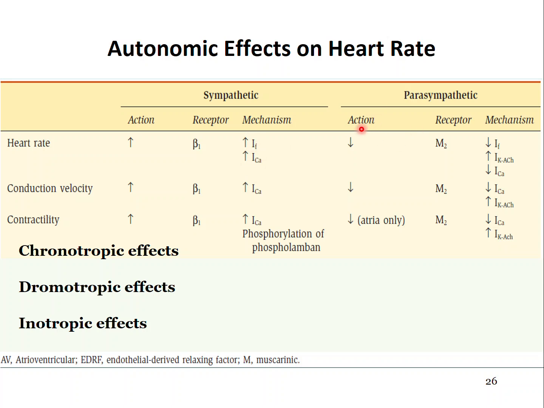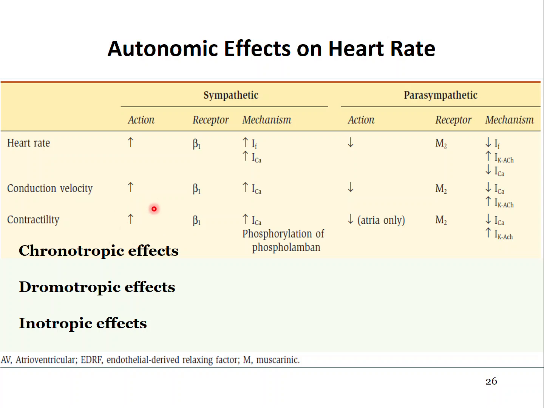But parasympathetic activation will decrease heart rate through acetylcholine, which affects the M2 receptor, decreasing IF, the funny current, and increasing the potassium current during the resting stage. Both effects decrease the heart rate. Contractility is also affected by the sympathetic and parasympathetic systems.